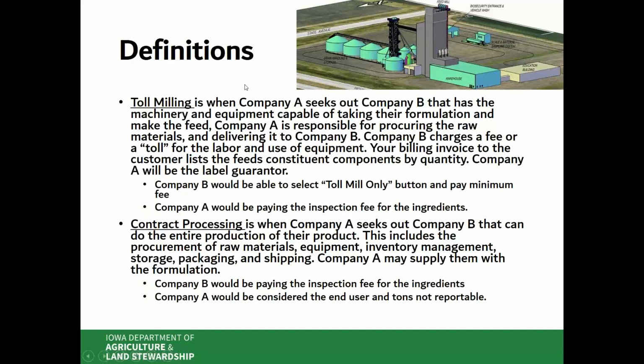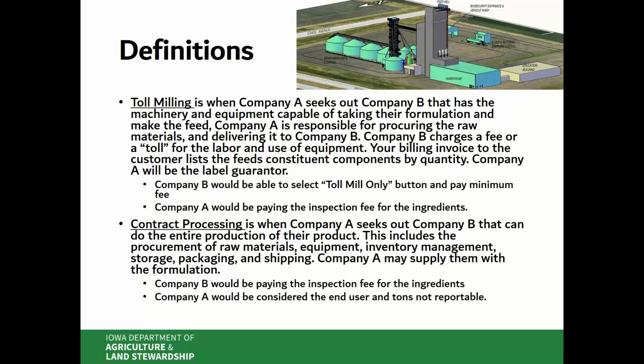Toll milling is when a company, so company A in this instance, seeks out company B that has the machinery and equipment capable of taking their formulation and making the feed. So company A is responsible for procuring the raw materials and delivering it to company B, and company B charges a fee or a toll for the labor and use of equipment.